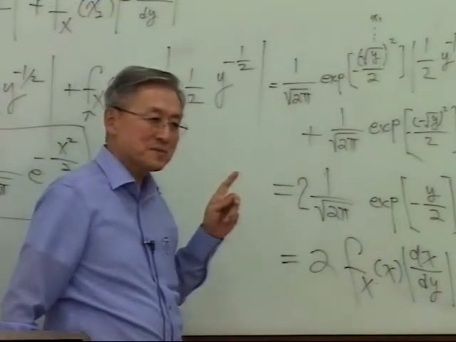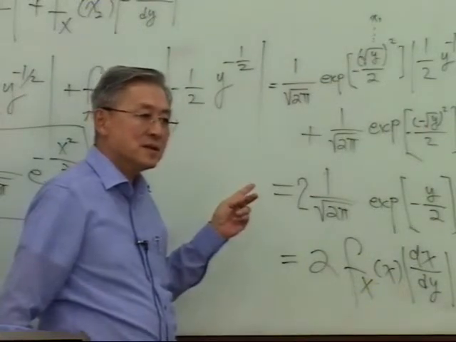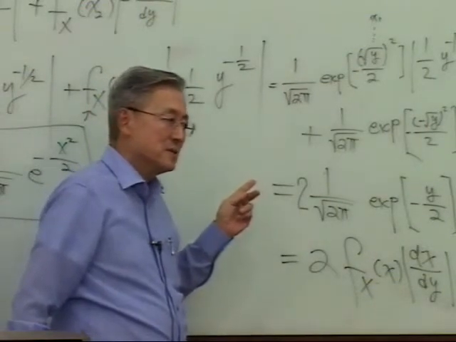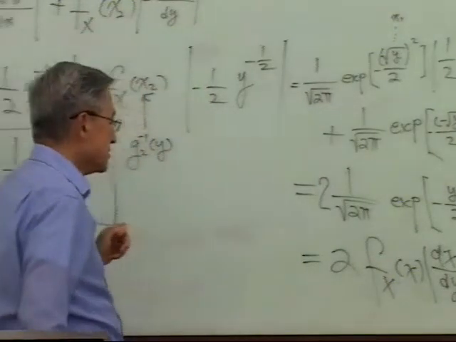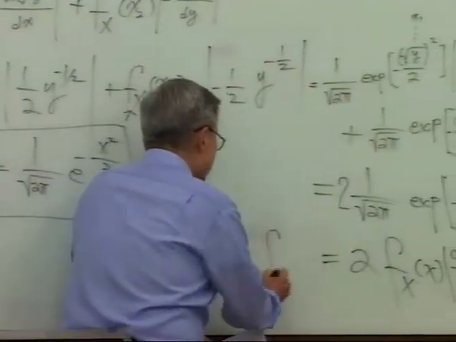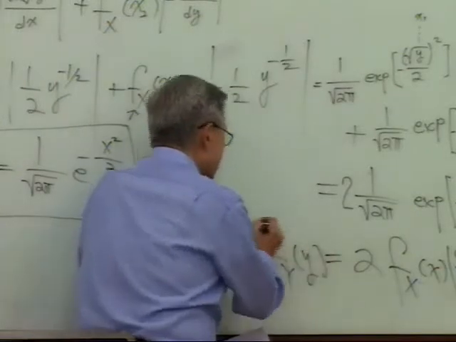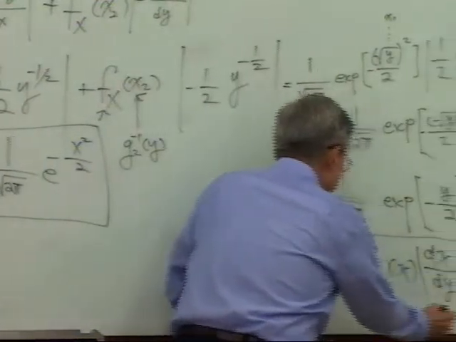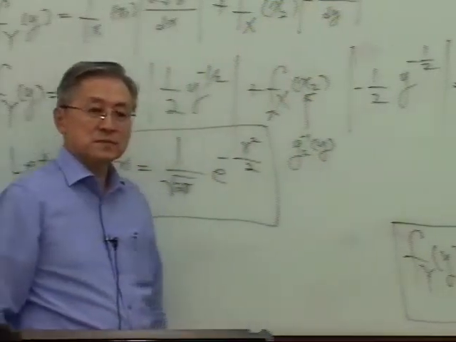What's the assumption? Fx is Gaussian, the standard form of Gaussian density function. So this is equal to Fy, y. So you have such a nice relationship.